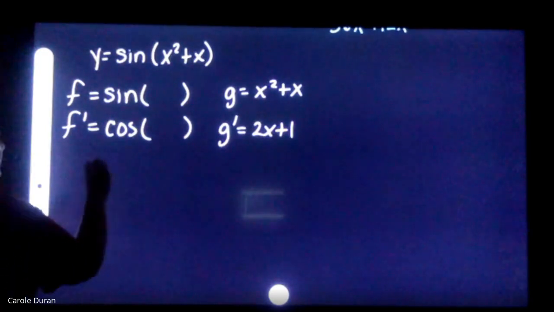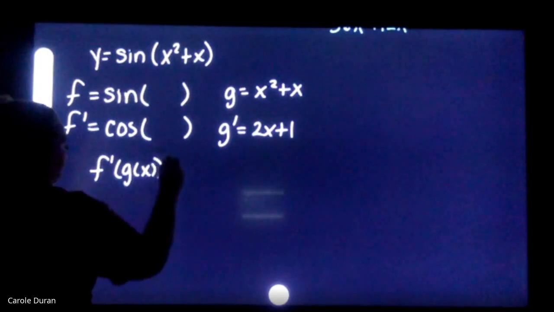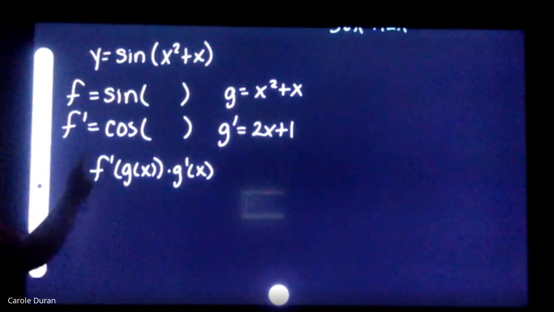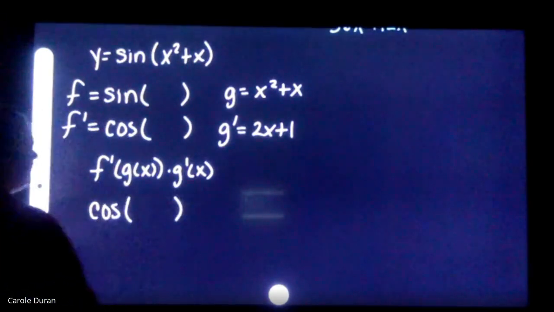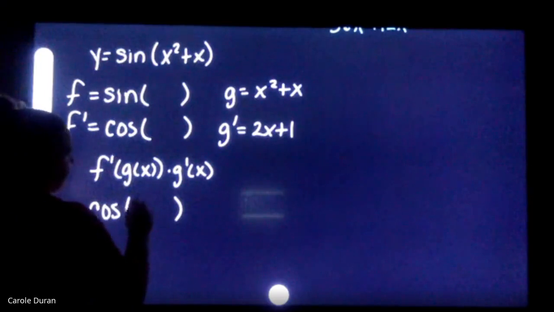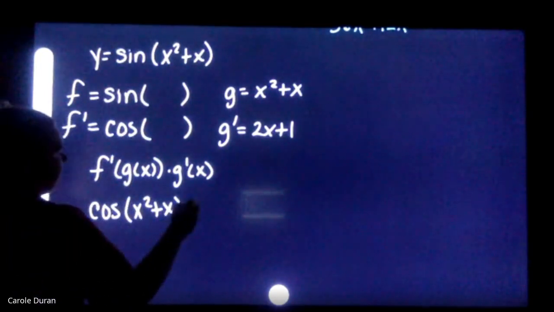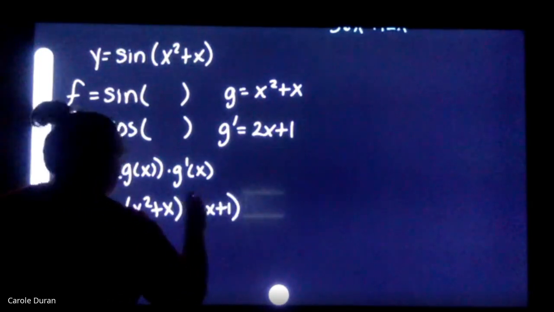Remember, for chain rule, it's f prime of g times g prime, where my f prime here is cosine parentheses. Inside the parentheses is my original g, which is x squared plus x, times the derivative of the inside, which is 2x plus 1.